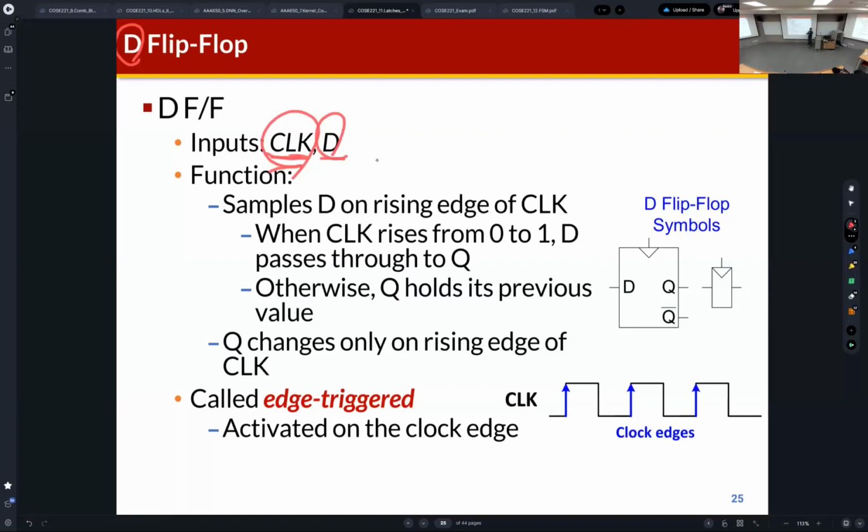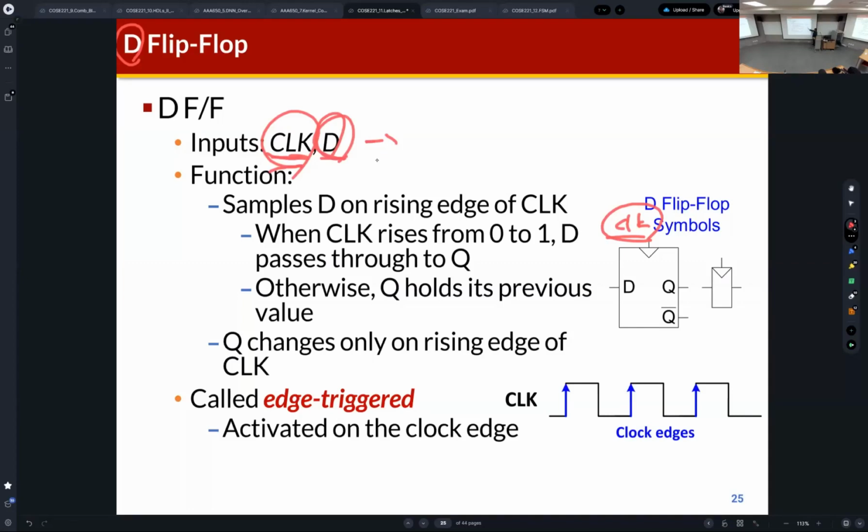The clock is used for controlling the behavior or state of the D flip-flop, and D means the data input. It's the same as the D latch. So this is the symbol of the D flip-flop. This is the clock, very similar to the D latch, and D is the data input.